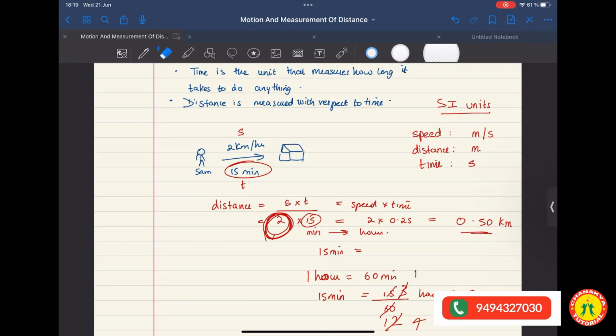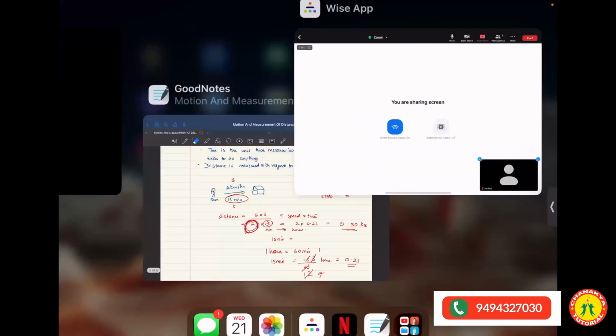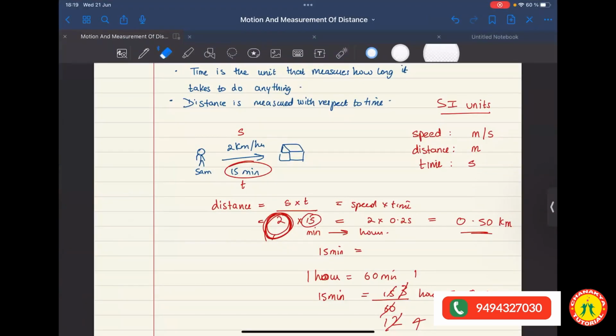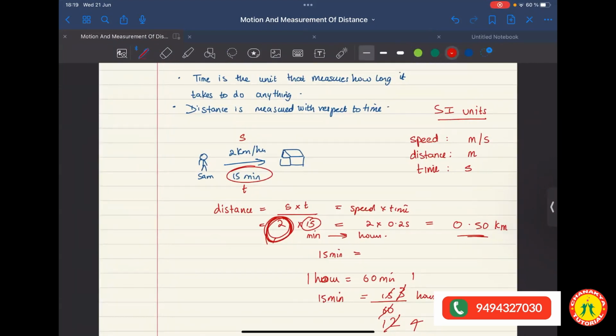Ma'am, can you please repeat this conversion? The conversion in the sense you're asking how I converted what to what? Minutes to hours? Minutes to hours. Okay.